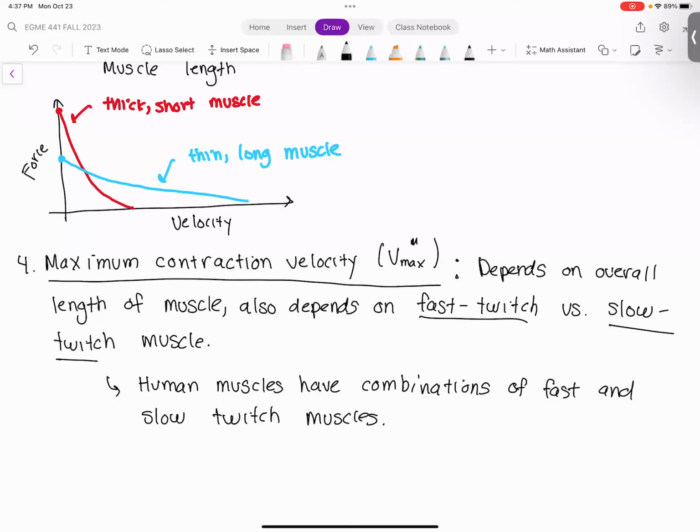The reason is that fast twitch muscles, the way they generate muscle force, doesn't rely on oxygen all that much. That's why they can contract very quickly. White meat gets its name because it tends to be lighter in color, since it doesn't have as much myoglobin, the chemical in your blood that stores oxygen.